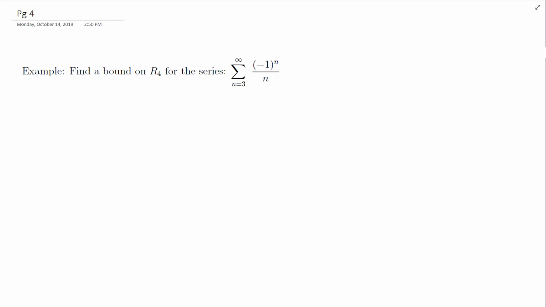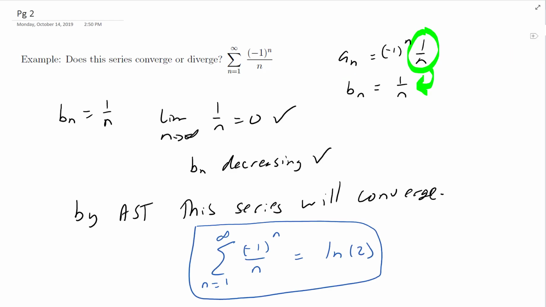Now this problem says, find the bound on R sub 4. So if you look at this, we basically did this series a while ago. We know it converges by the alternating series test. Now you may say, well, this series starts off at n equals 3. The one we did before starts off at n equals 1. Well, really it doesn't make a difference.